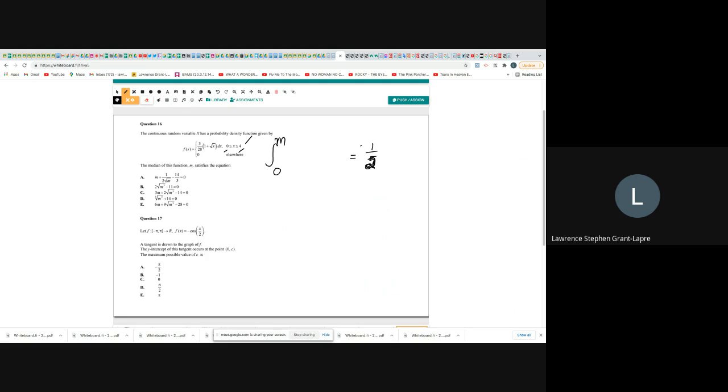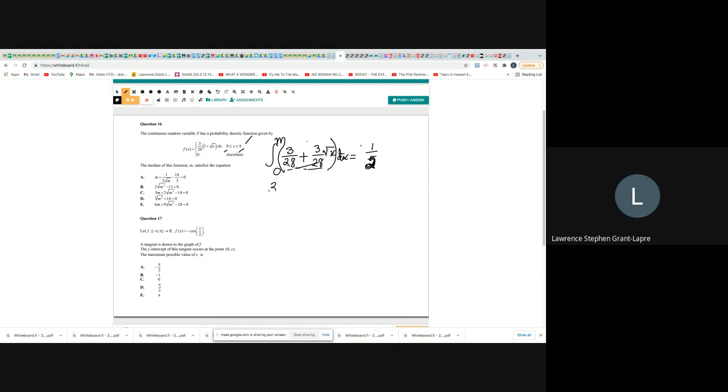50% is a half. So the function, I'm going to expand that: 3 over 28 times 1, 3 over 28 times square root of x, and we're just going to integrate that with respect to x.